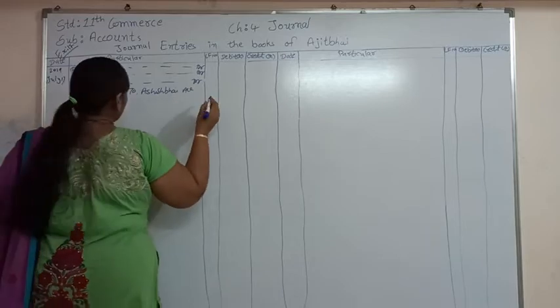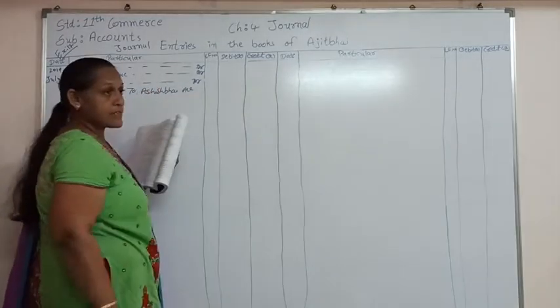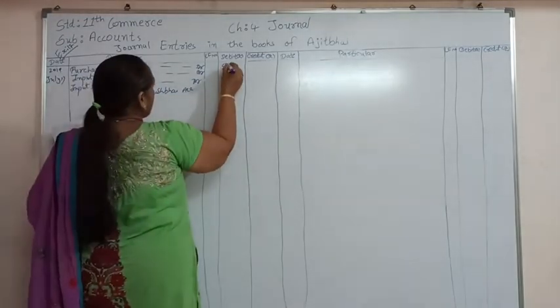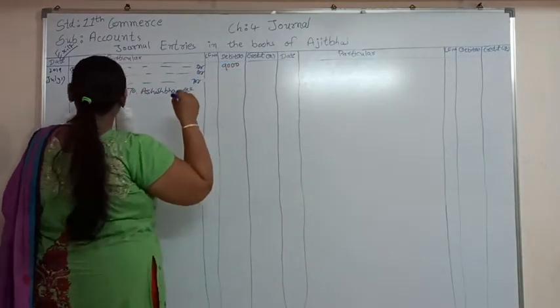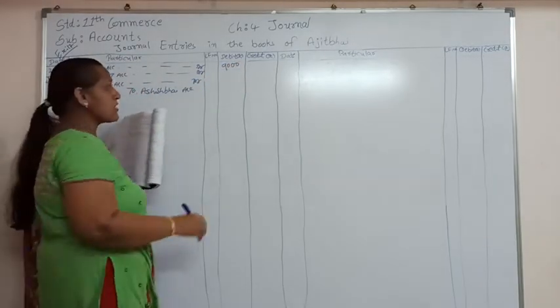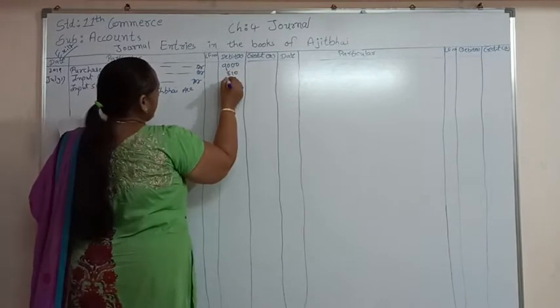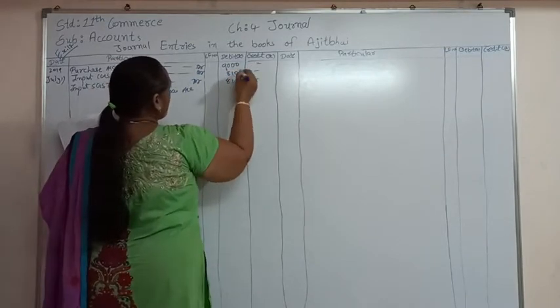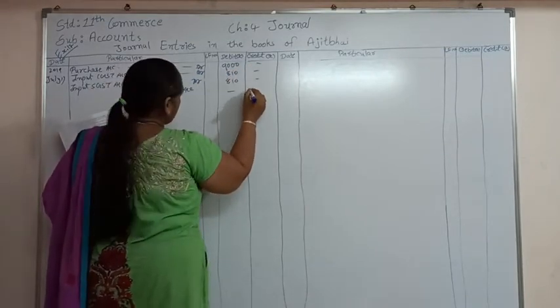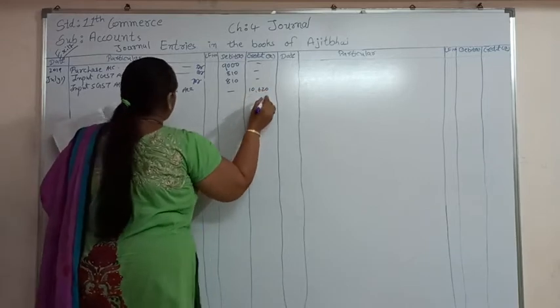So here the goods are 10,000 with 10% trade discount, so it will be 9,000, and 9% of 9,000 will be 810. So the total of this will be 10,620.